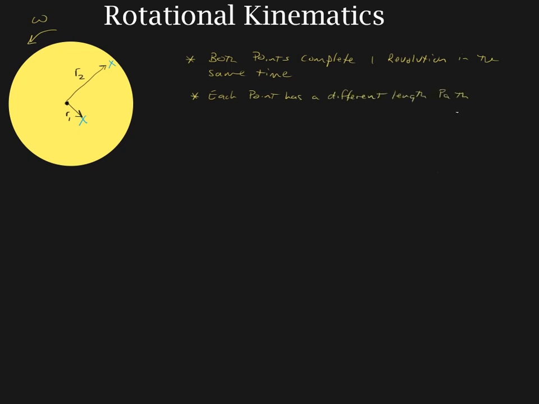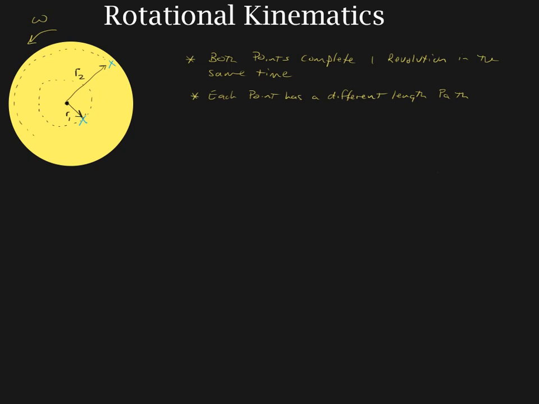Now, the distance for each one is really just the circumference of the disk at that particular radius. So, for R1, we've got a circle that looks like this, and then for R2 we have a much larger circle.